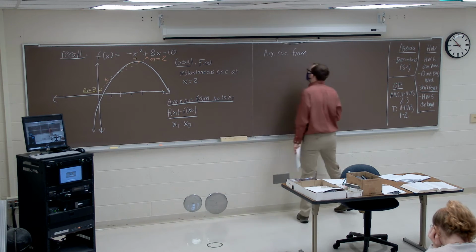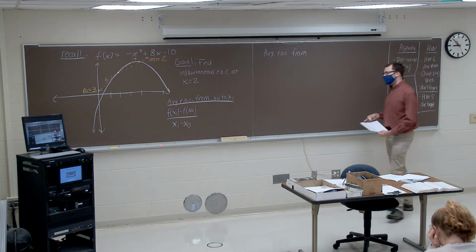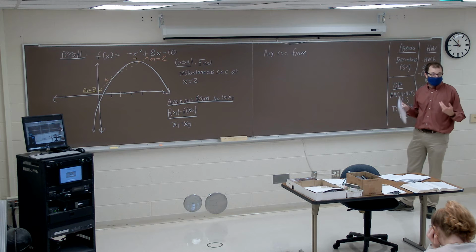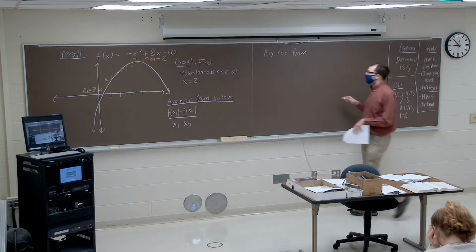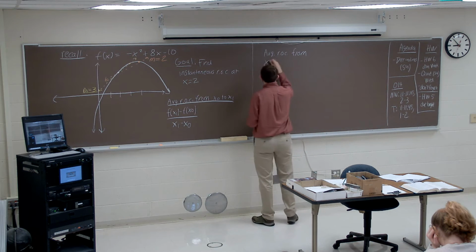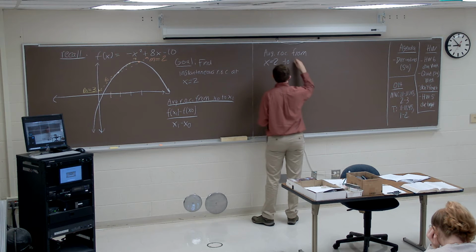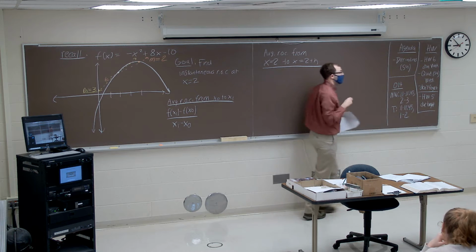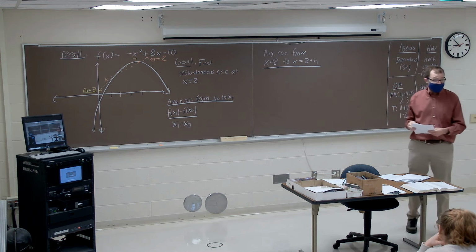Instead of just doing 2 to different points over and over, let's find our average rate of change from x equals 2 to x equals 2 plus h as some expression in terms of h.